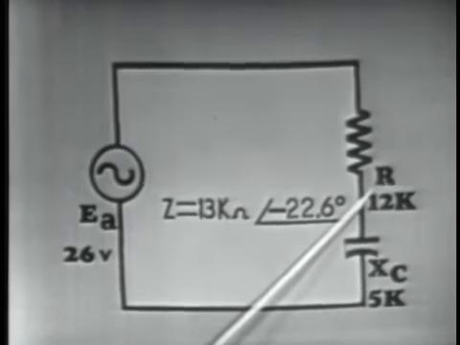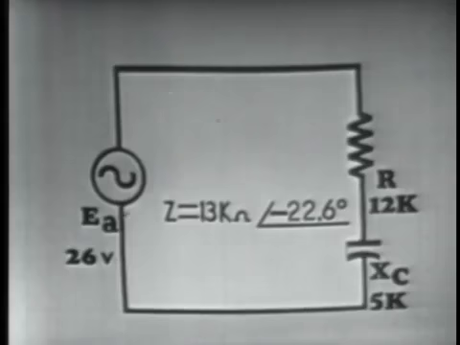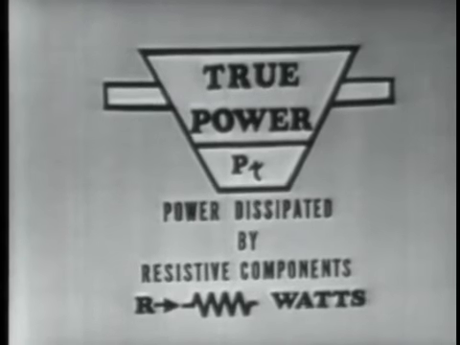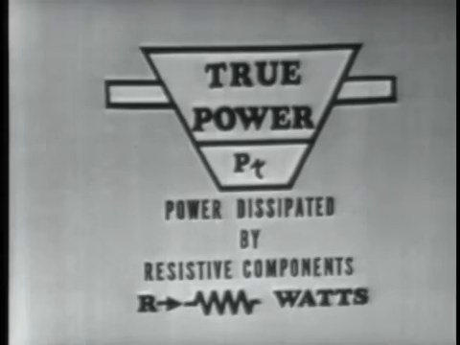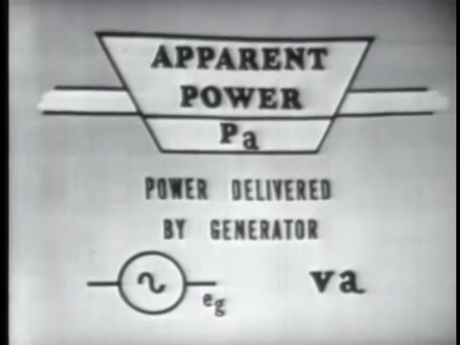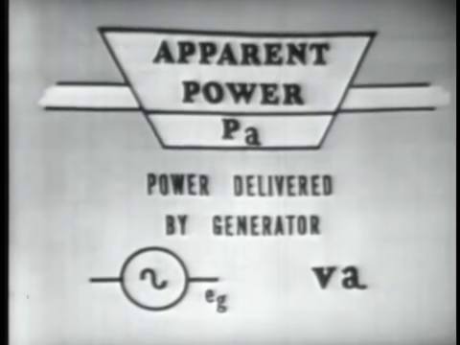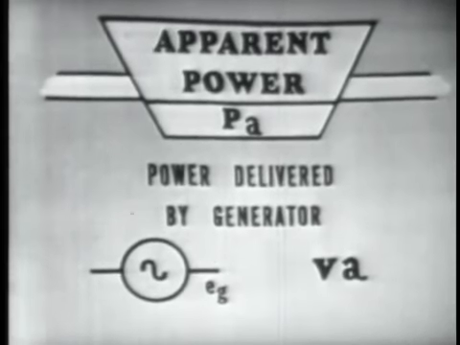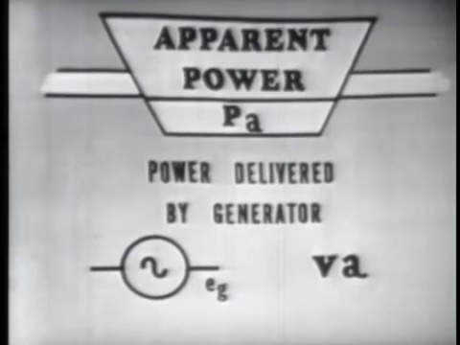This power, first of all, we call this true power, or PT. And as we said, this is the power dissipated by resistive components and is measured in watts. The other power, or apparent power, PA, is the power delivered by the generator to the circuit and is measured in volt amperes, or VA.